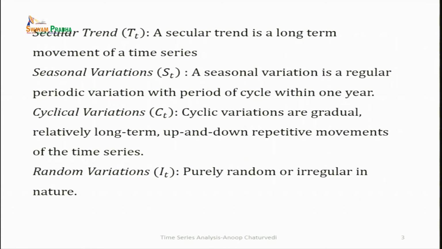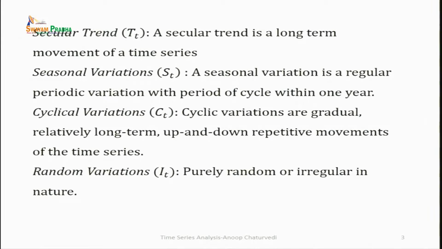Then you will observe a particular kind of behavior, and that behavior is that with the passage of time, the population has a tendency to increase. In the long run population has increased. So, this kind of tendency is called the secular trend.